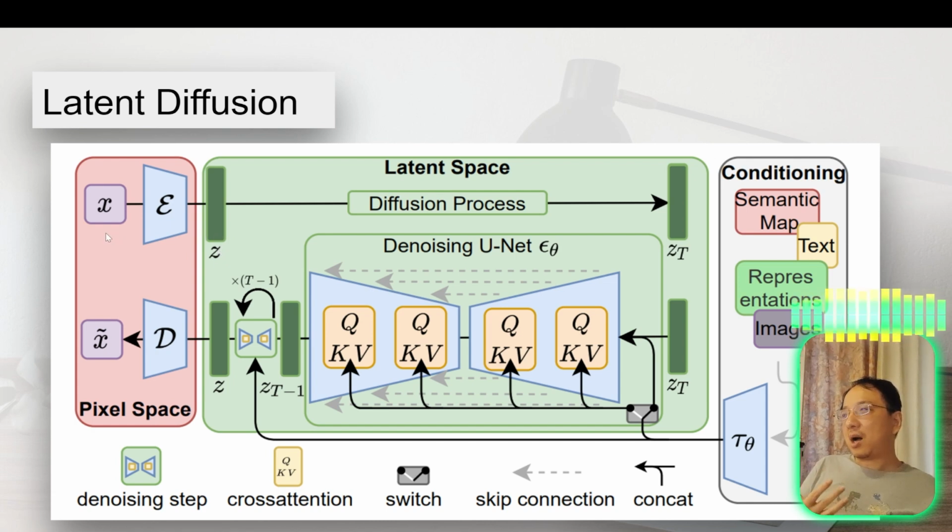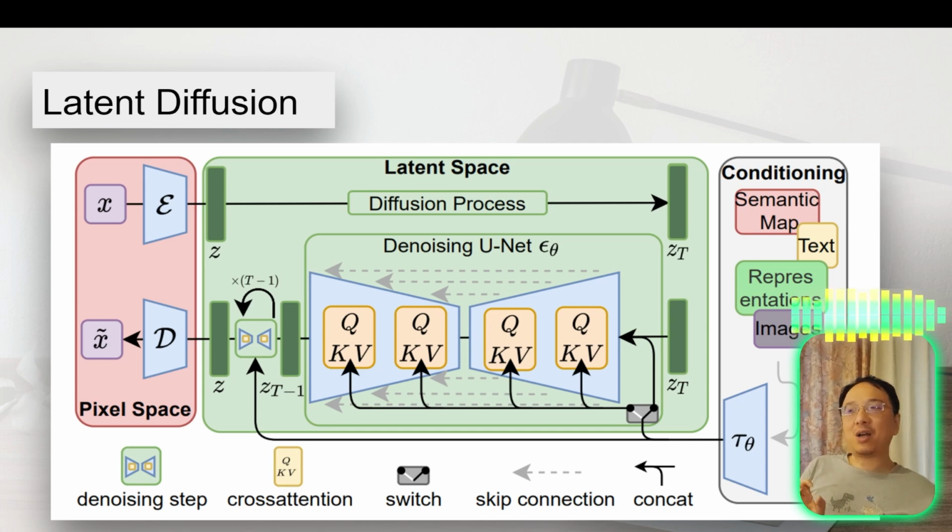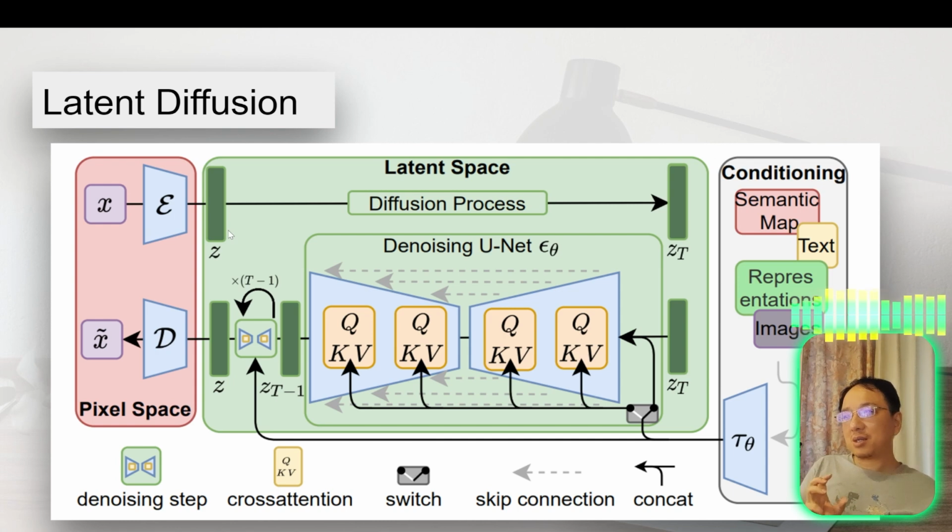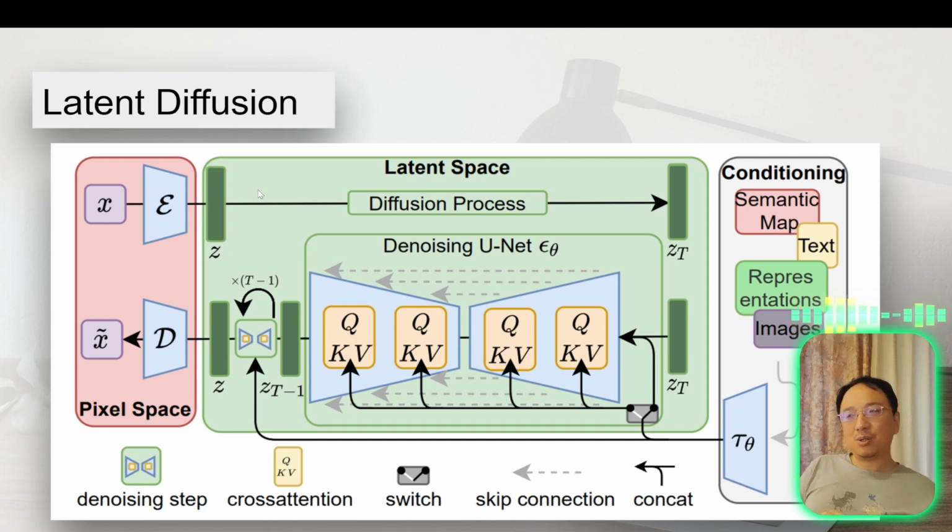So we reduce our vector dimensionality from 512 times 512 times 3 to 64 times 64 times 4. Then we work on here. You can feel that the latent used by the latent diffusion and also by the stable diffusion is kind of like a resized image with strange channels of colors.